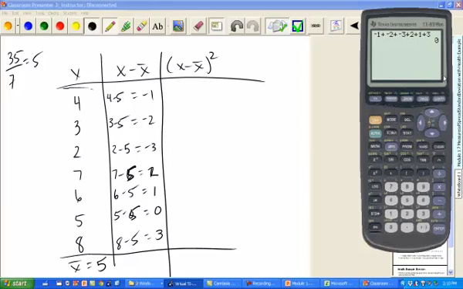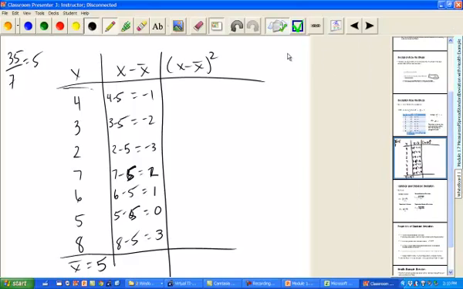If I add those up, I get nothing. So does that mean that they don't vary from the mean? Well, of course they do, because the mean is 5, and only one of these values is 5, not the others. So what we need to do is normalize these numbers. The normal process for normalizing numbers is that you take the square root of the number squared. But it's a little more complicated than that.